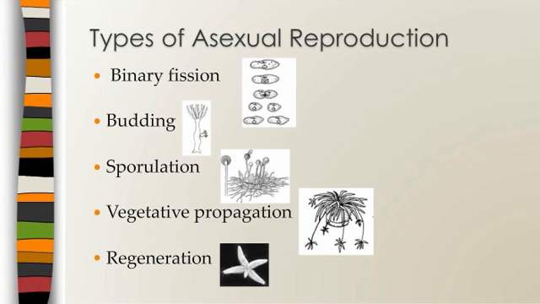The next type of asexual reproduction is sporulation. Sporulation occurs in fungi. The production of spores is what's being referred to here. The picture you see is bread mold, and the stuff up at the top popping out of the little round stalk is the spore. There are several spores actually.